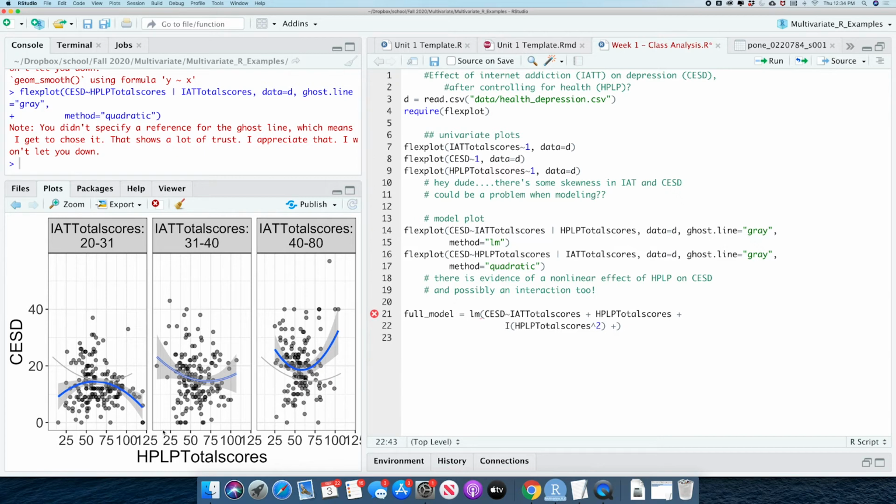So that tells you that there's an interaction effect, and it's not as simple as just adding the interaction between these two. Because if we were to go IAT total scores colon HPLP total scores, what that would tell R, or tell the computer, is we want to model a situation where the slopes are different.